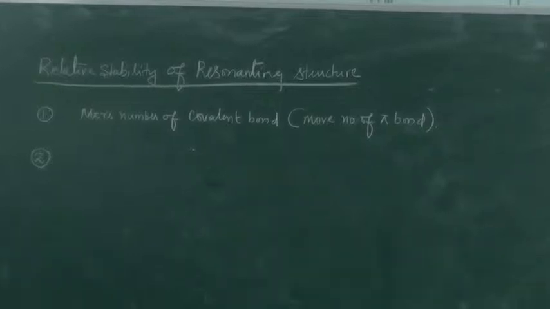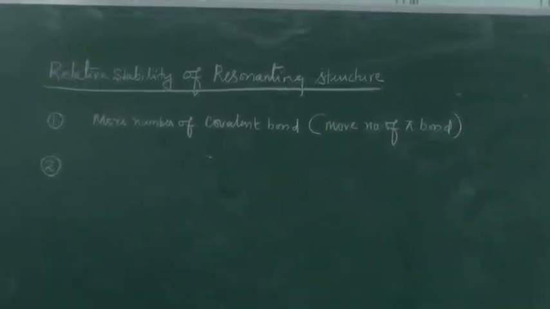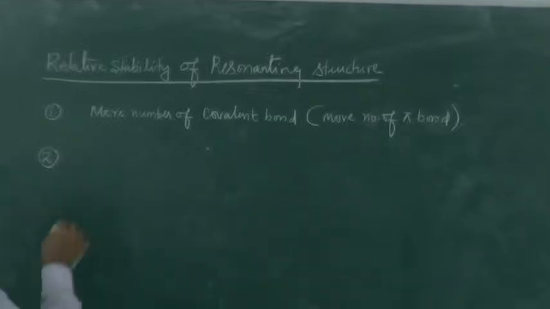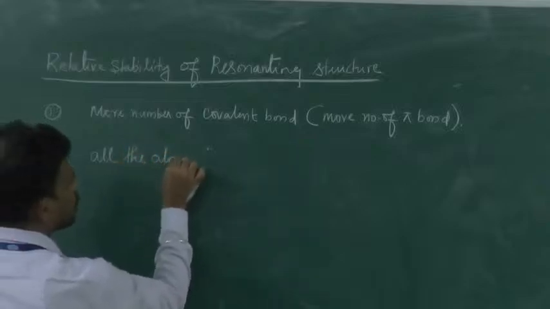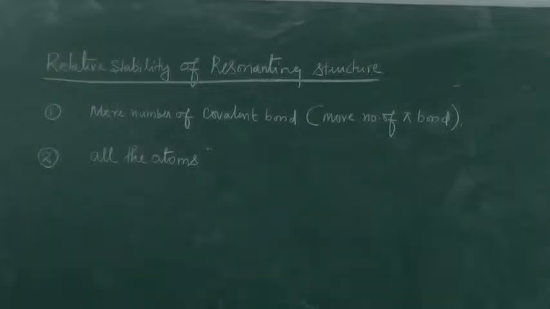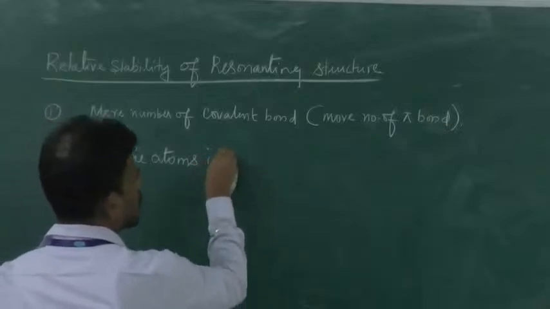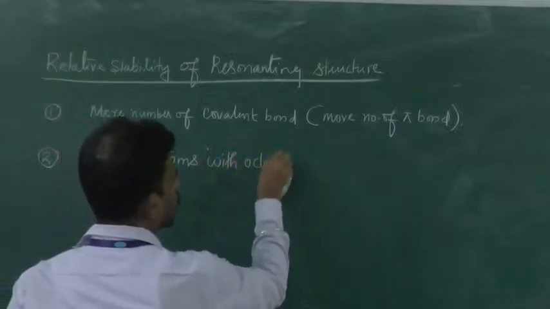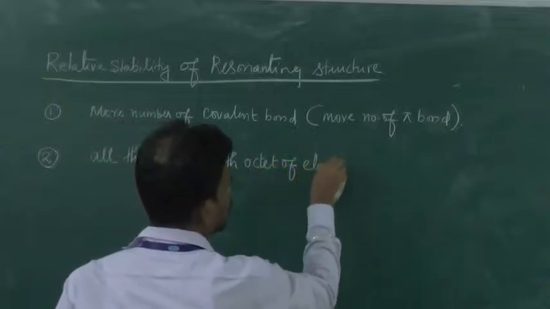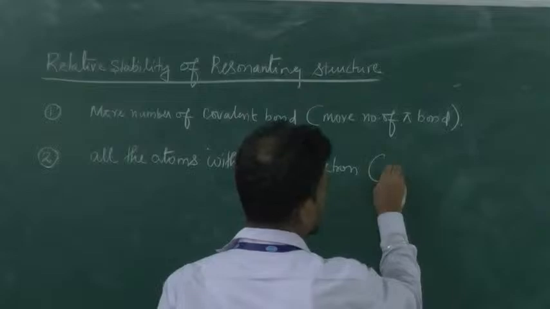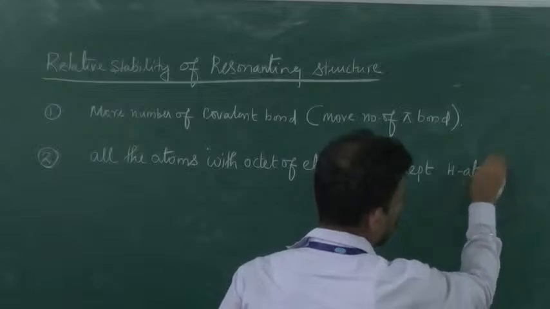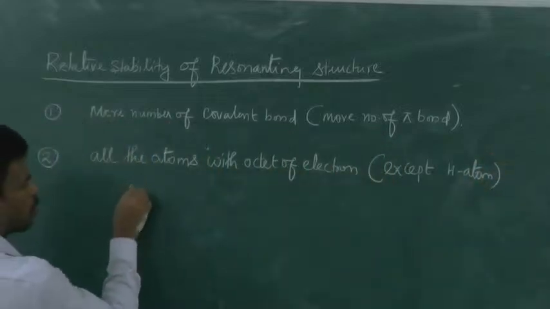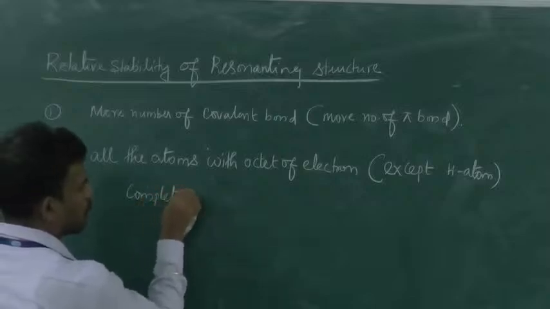Second point: all the atoms with octet of electrons, except hydrogen. What should all the atoms have? What is the meaning of this? They should have a complete octet.